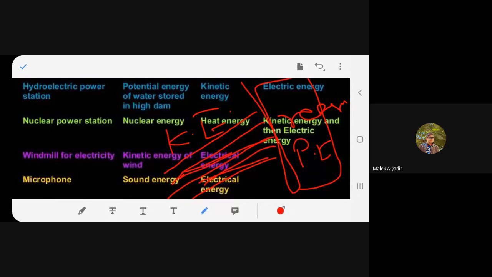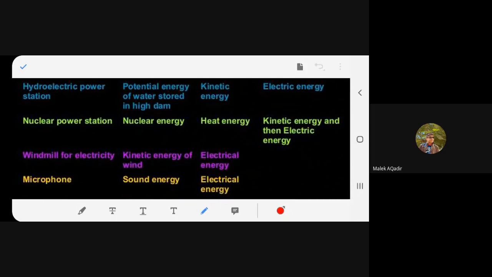So this potential energy of water gets converted into kinetic energy, and that fall makes the turbine move. It goes to the generator and gets converted into electrical energy. Have you understood? So with thermo power and with hydroelectric, we get electrical energy.